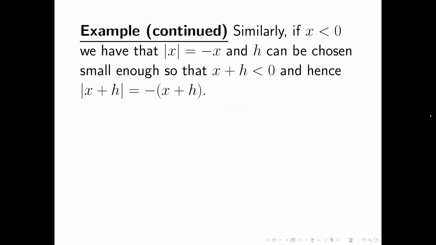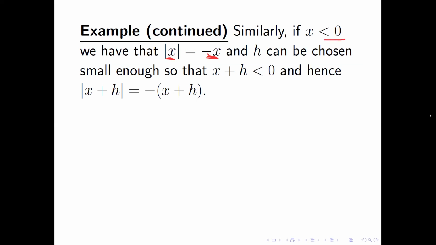So let's look at case 2, when x is strictly smaller than 0. When x is smaller than 0, one may see that the absolute value of x will be minus x. And then when h is small enough, when h approaches 0, we can see that the absolute value of x plus h will be minus into x plus h.